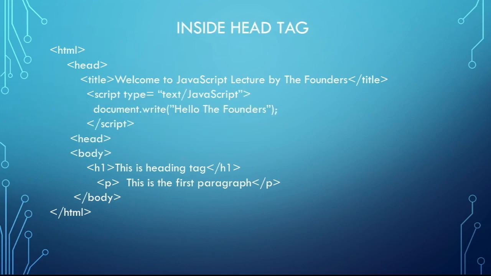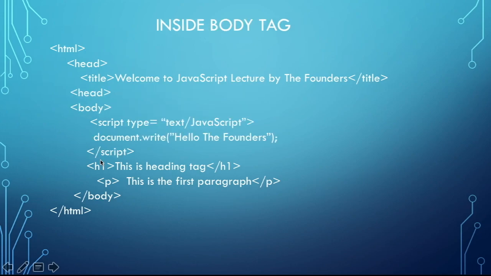Here you have learned about adding the script tag inside the head tag, and you'll learn again to add the script tag inside the body tag. Inside the body tag, we have just added the same thing. Nowadays this script type is common, so let's get practical.